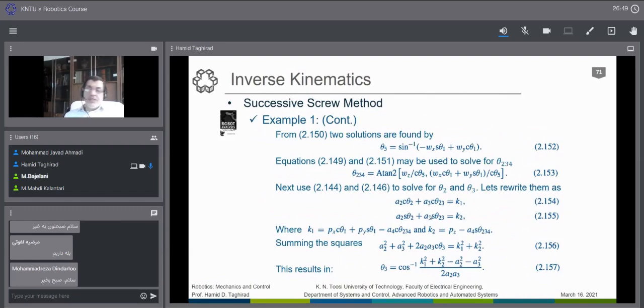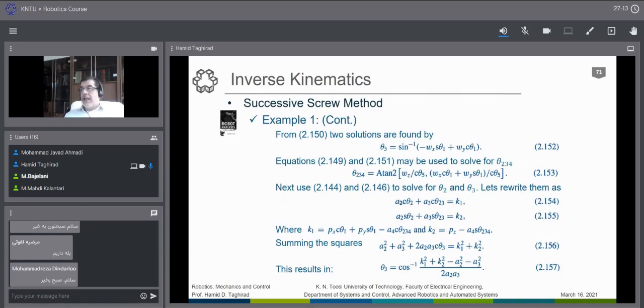You use an inverse matrix. You have a matrix A2, A3, A2, A3 for this sine and cosine here. You can find it quite easily by matrix manipulation, or simply by summing the squares. We have sine of theta here, cosine here.